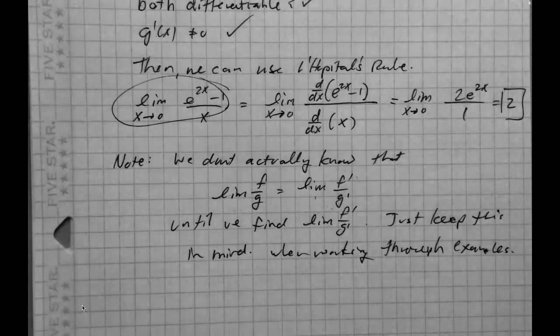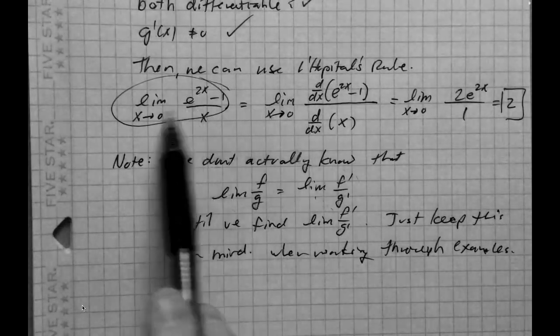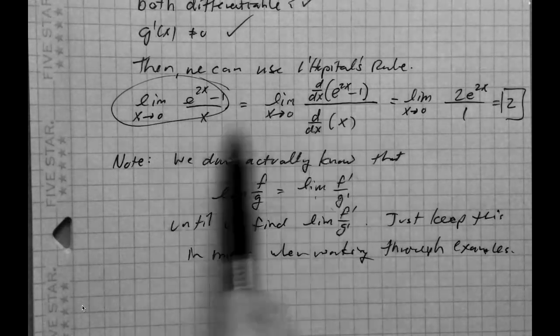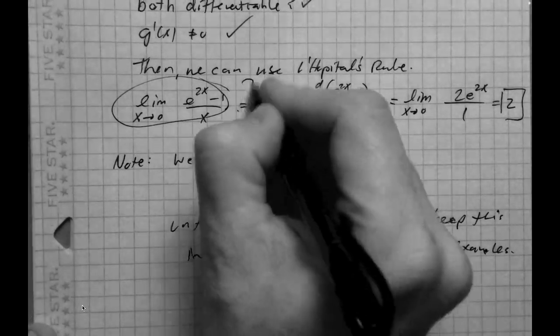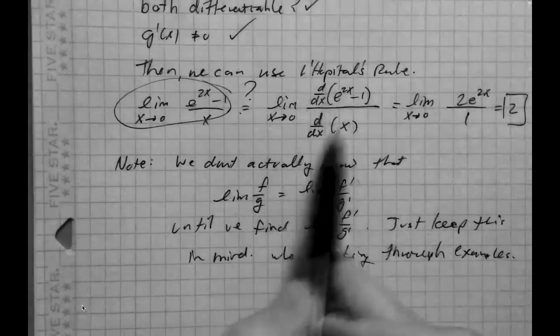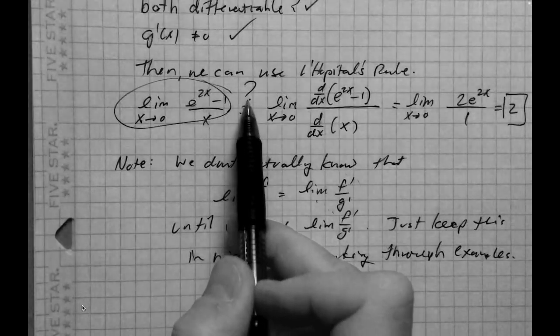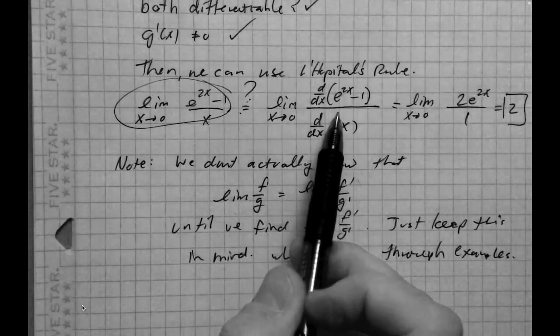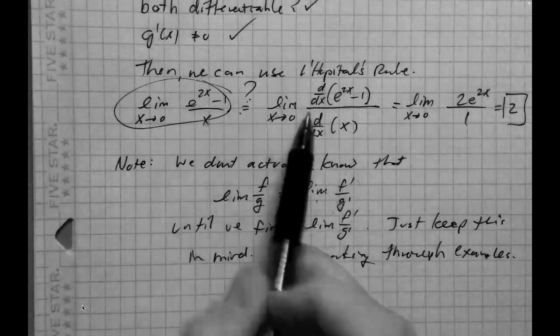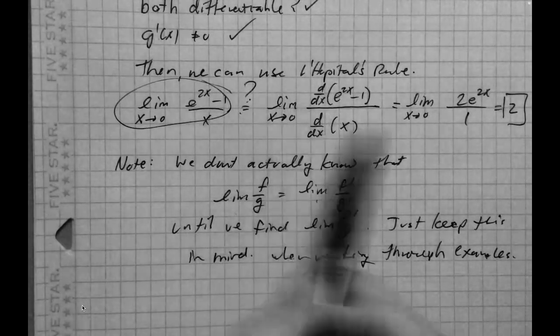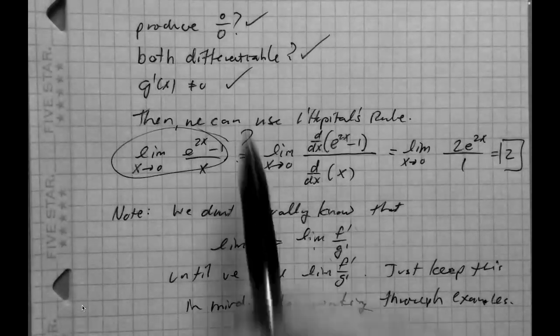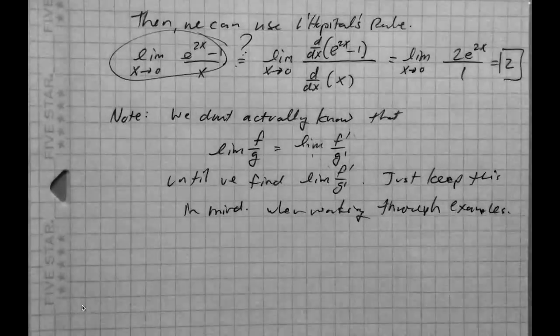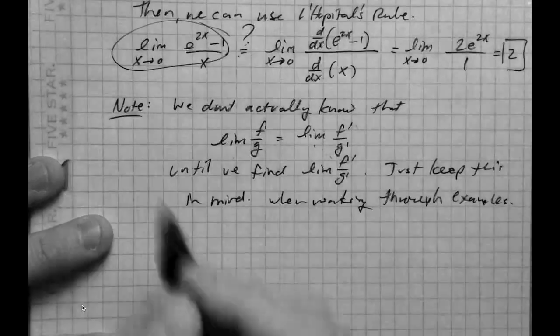A lot of times we take for granted that this equals this, but this may not be true. If this limit doesn't exist, then this is not necessarily true. It's possible for the limit of the ratio of the derivatives to not exist, in which case these two would not be equal. But if this limit does exist, then they are equal, provided that these things are met. Okay, so that's the first thing to note.